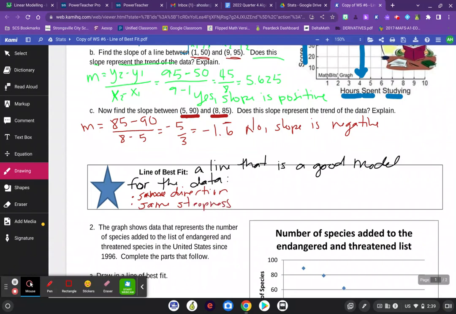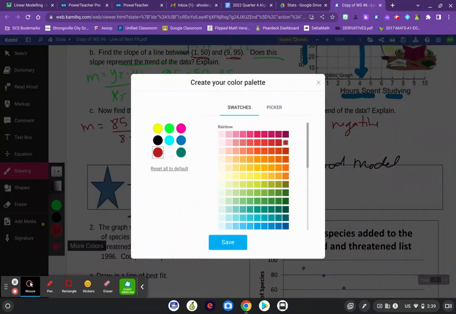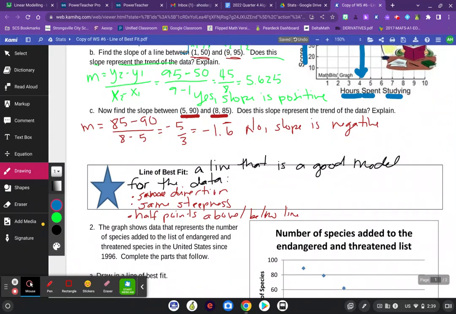Both of those things are driven by the slope, okay? And we want about half the points above the line and half the points below the line. The other thing I'm going to add here is that the line of best fit is used to make predictions.